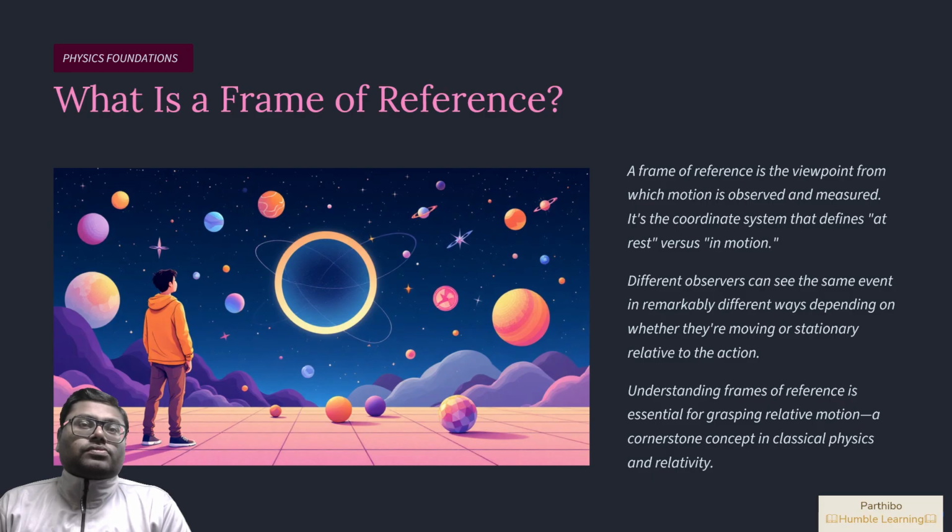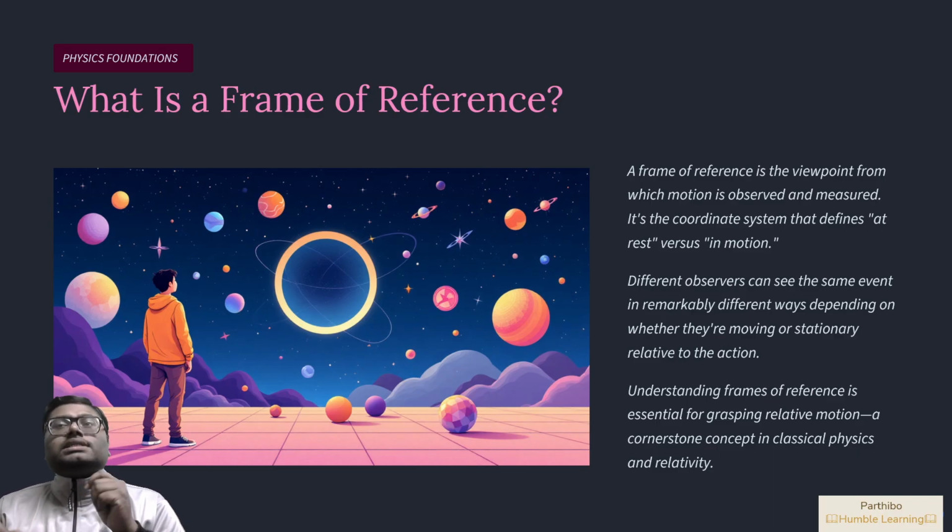So what is a frame of reference? It's a very easy concept and we can understand it very easily. A frame of reference is the viewpoint from which motion is observed and measured.